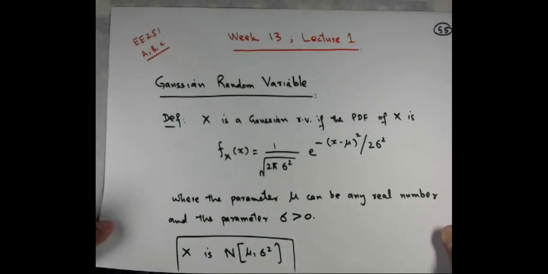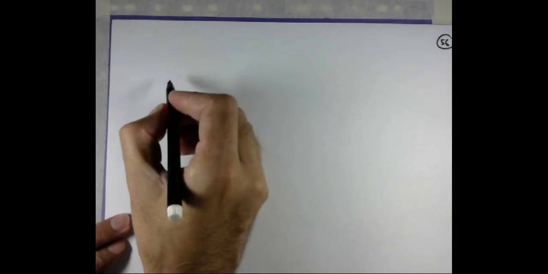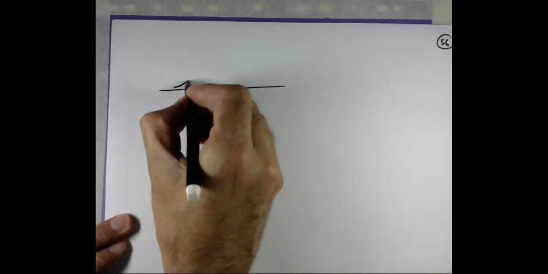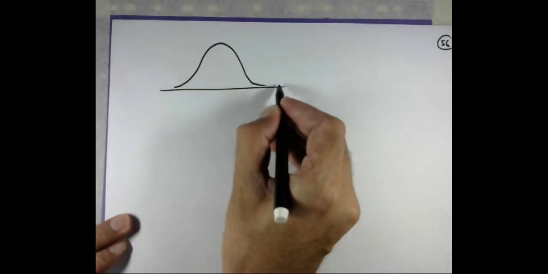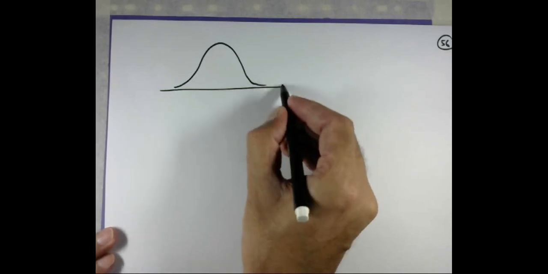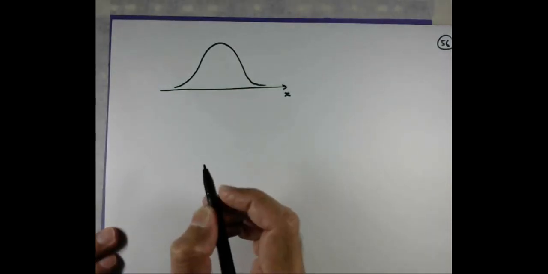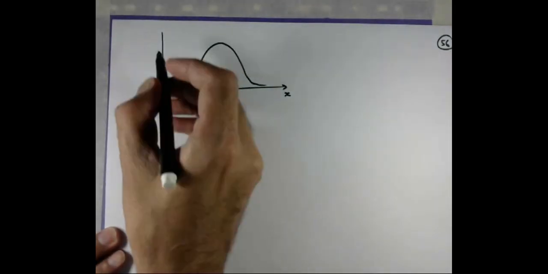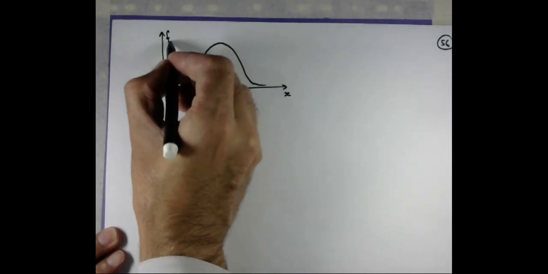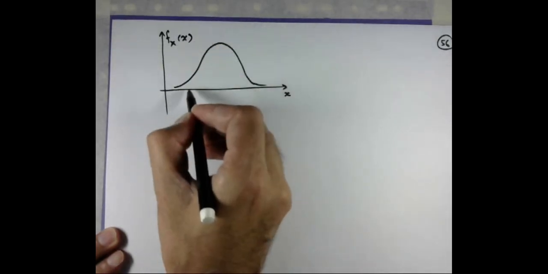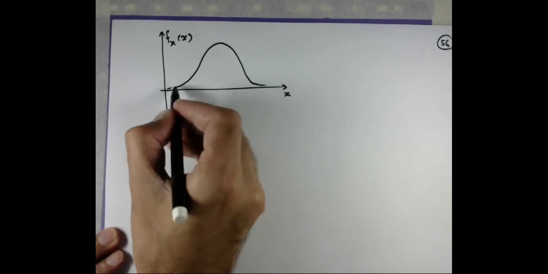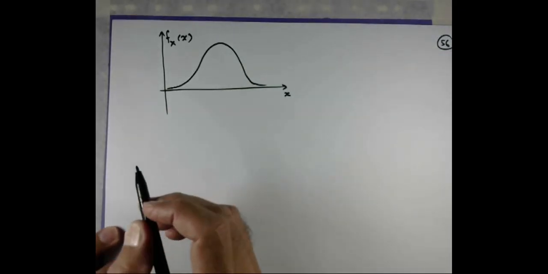This is an interesting distribution. This is a symmetric distribution, and its shape is something like this. Pardon my drawing, but this is the random variable x, and say this is the PDF. The total area under the curve is 1.